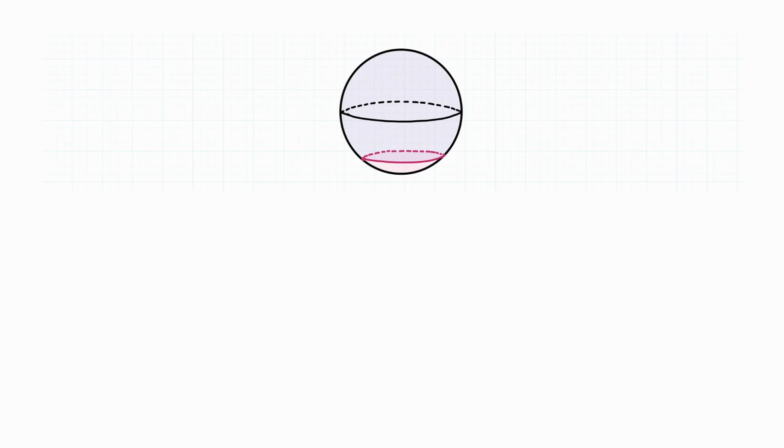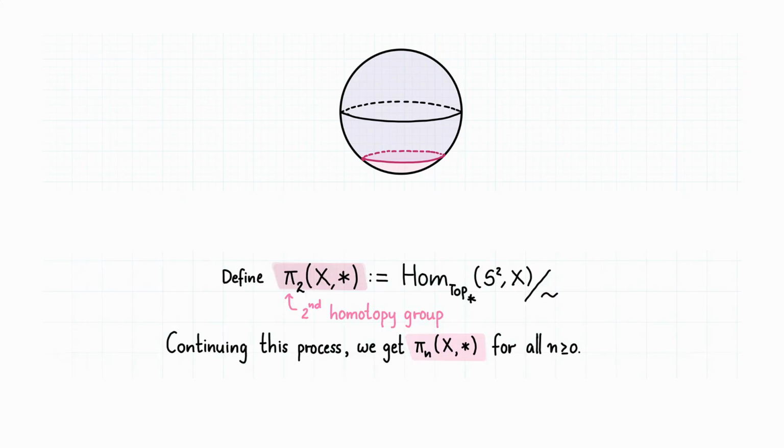So we factor that in, and we define the second homotopy group as the maps from S2 to the space X, quotiented out by the homotopy relation. This sort of homotopy can be defined for any continuous maps. You can deform any continuous map.